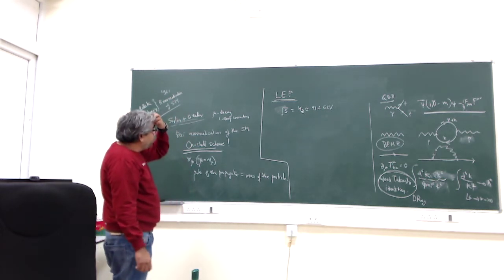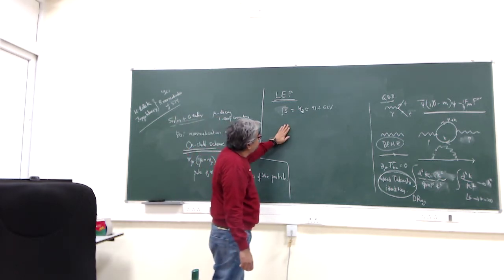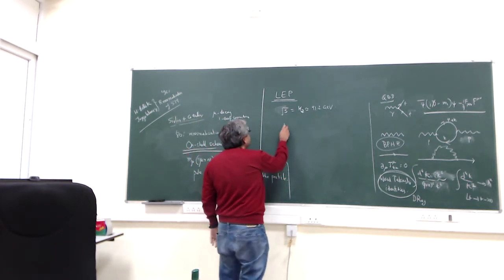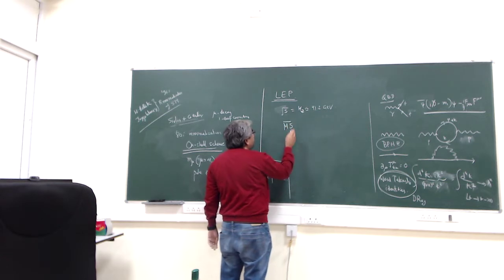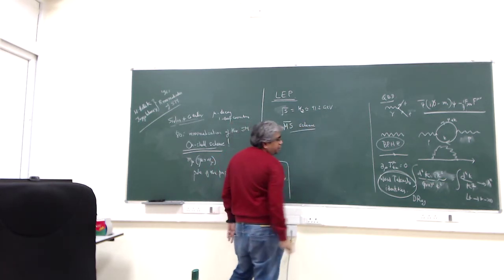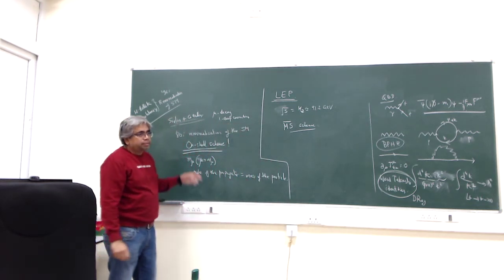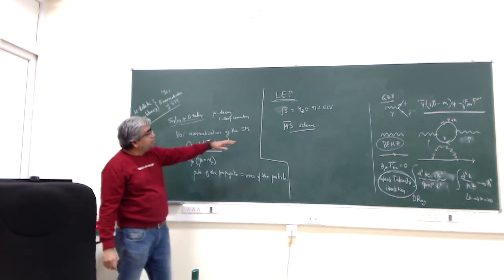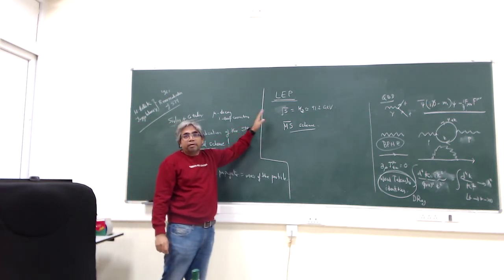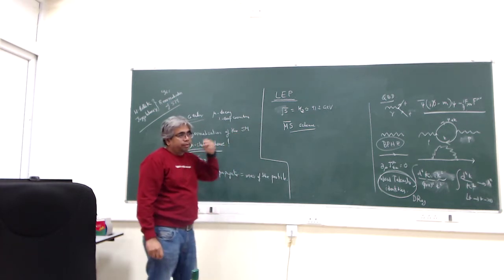So then the renormalization of the standard model was done completely in another scheme also, called the MS bar scheme. You can study these two schemes. One is called the on-shell subtraction scheme, because you started measuring all kinds of variables at the Z point.